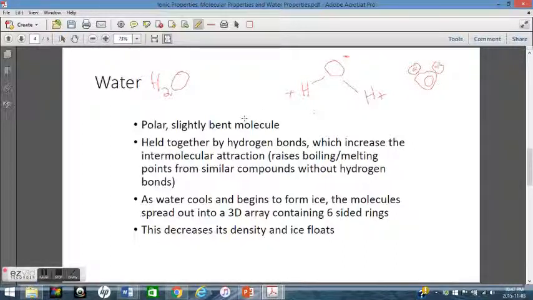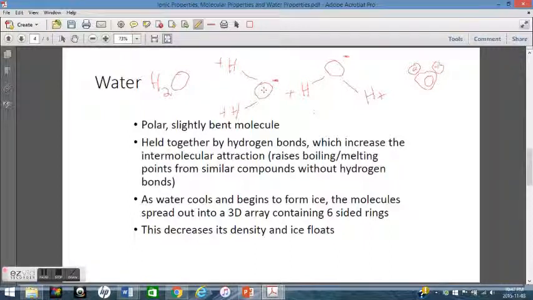Now, water molecules in a liquid or a solid are held together by hydrogen bonds. A hydrogen bond is a special type of attraction between two different molecules. And basically, it's going to happen because it's polar. Okay? Positives and negatives attract each other. You should remember that from Science 9. Each of the hydrogens is a little bit positive.